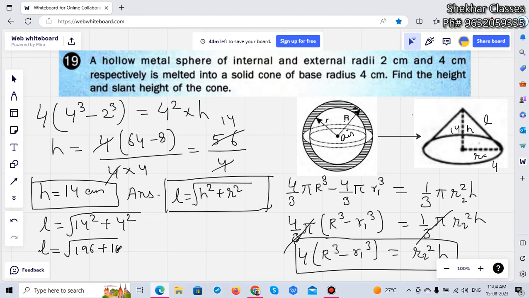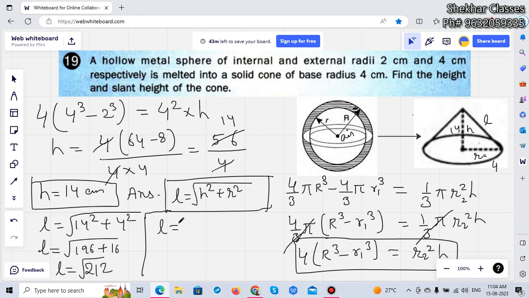You add them up, how much do you get? So L here would be 212 under root. Now if I solve this further, what will I get? L will be equal to under root of 212.